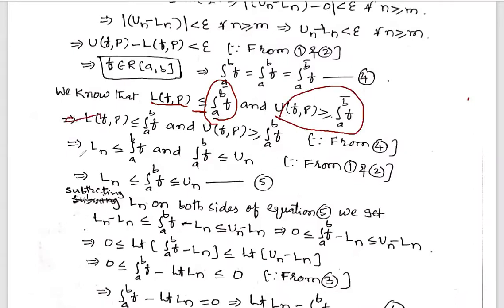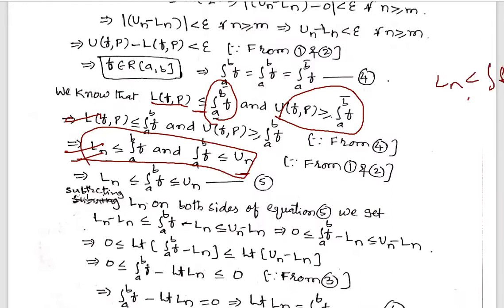So just write Ln and Un, and there will be a relation between these both. Ln is less than or equals to the integral of f, which is less than or equals to Un, right? Why? Because we got this from this step, U(f, P) and L(f, P).